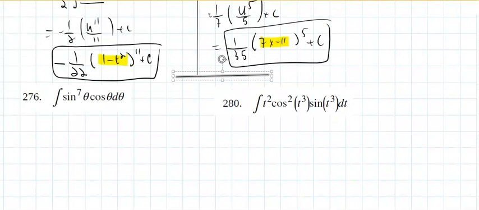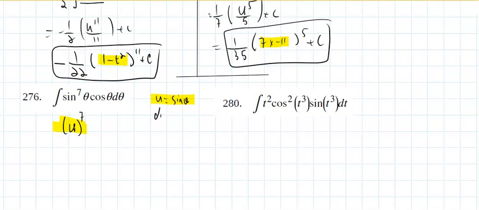And here's another. I see a power function, and the power function here is the sine. If I let u equal the sine of theta, so the inside, not the whole power function, the inside of the power function, and if I take a derivative, in this case with respect to theta, that's cosine of theta d theta.